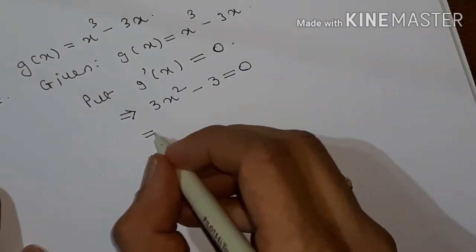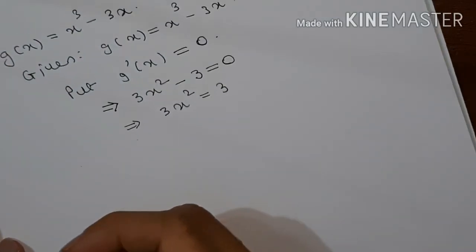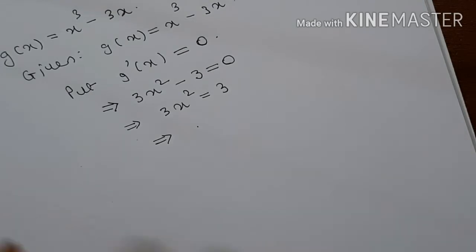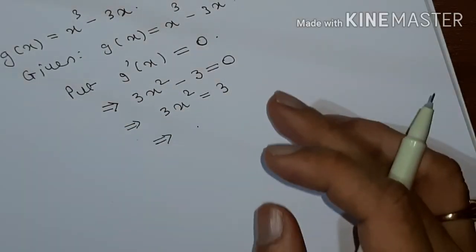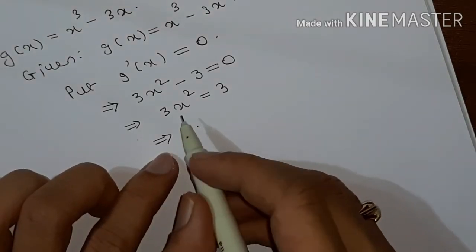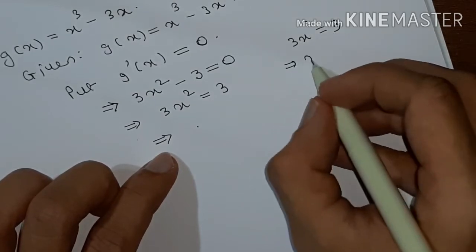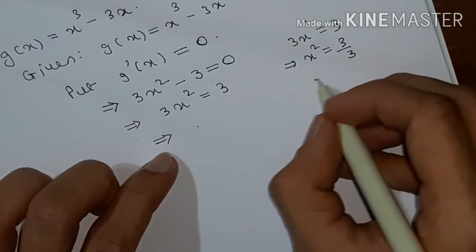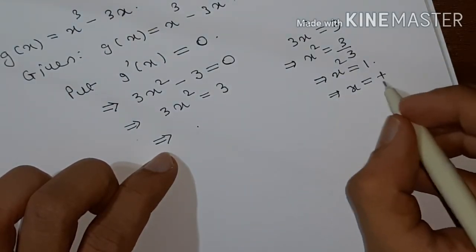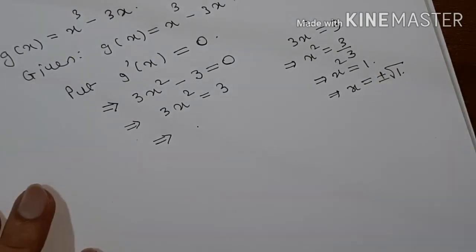So that means 3x square is equal to 3. For this type of equation you simplify it properly. What students do here is, 3x square equal to 3, they write x square equal to 3 by 3, so x square equal to 1, and then they write x equal to root of 1.